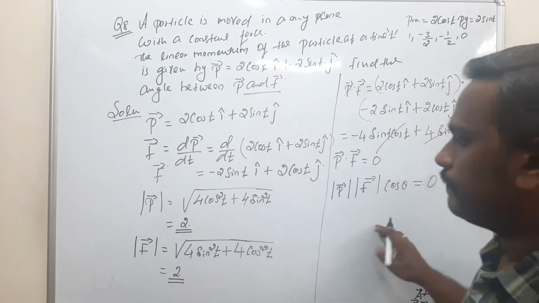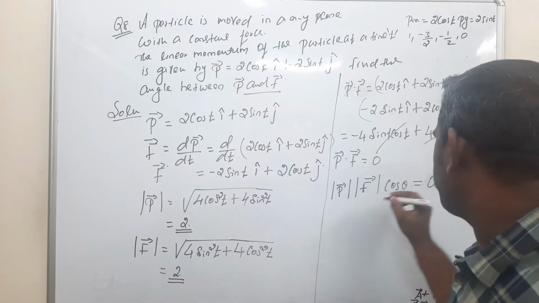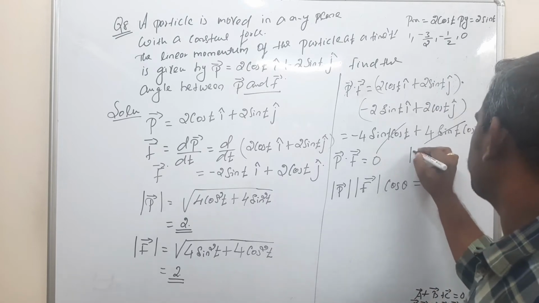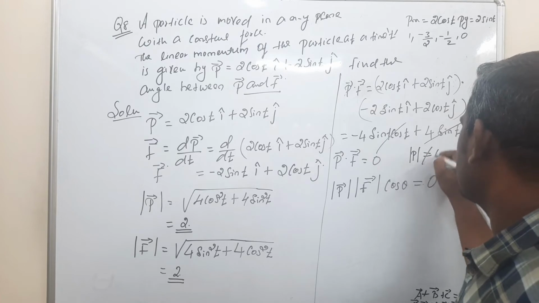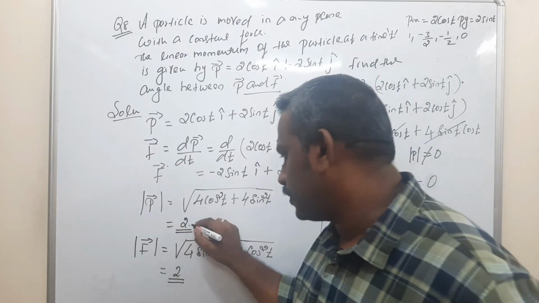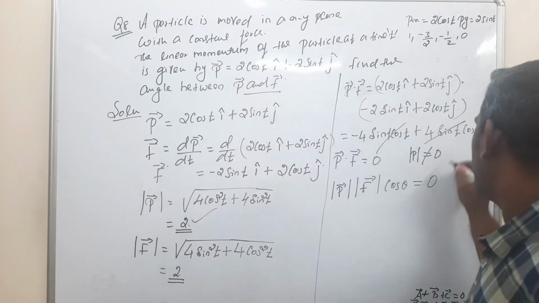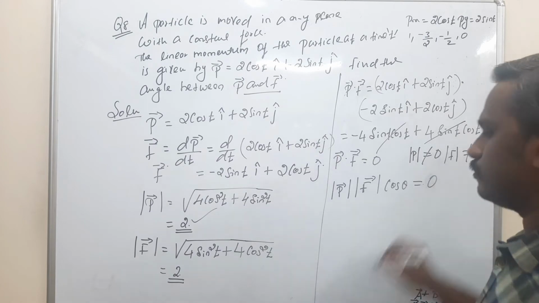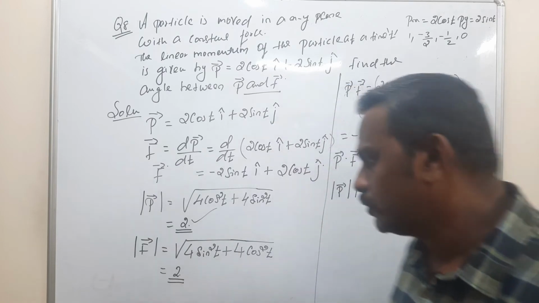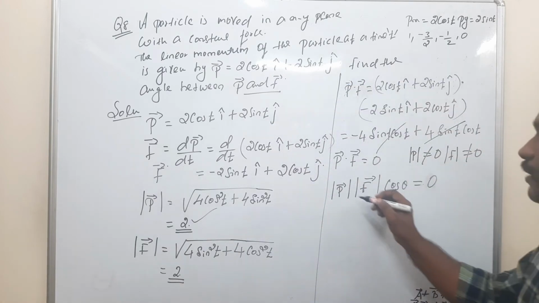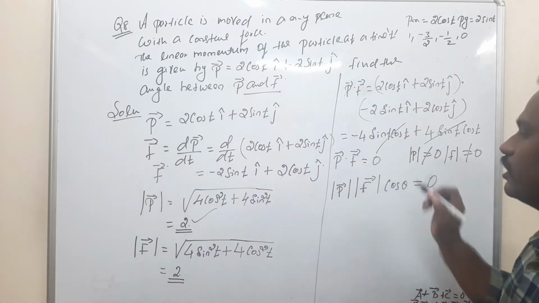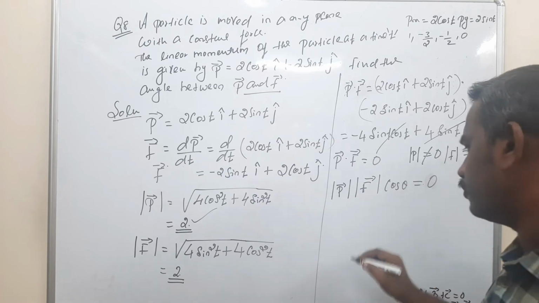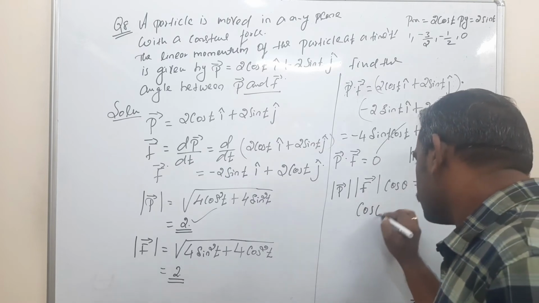Here modulus of P is not equal to 0, because we have the value, that is 2. Modulus of F is not equal to 0, because modulus of F is equal to 2. Therefore cos theta is equal to 0.